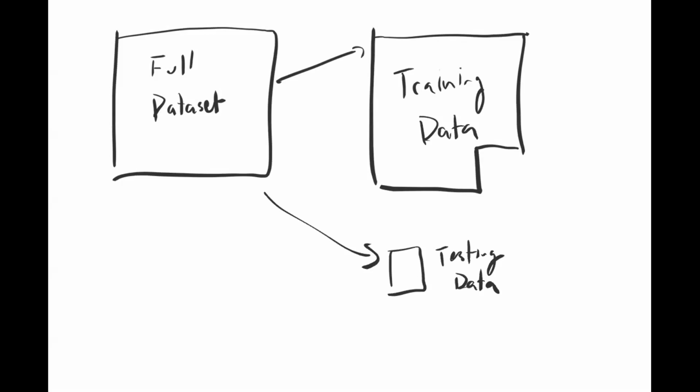So this whole idea of having training data and testing data is this idea of doing what's called out of sample testing. And out of sample just means that when you do validation of your model and testing of your model, you're using data that wasn't initially trained on. And that's the thing that's going to let you overcome the overfitting issue.